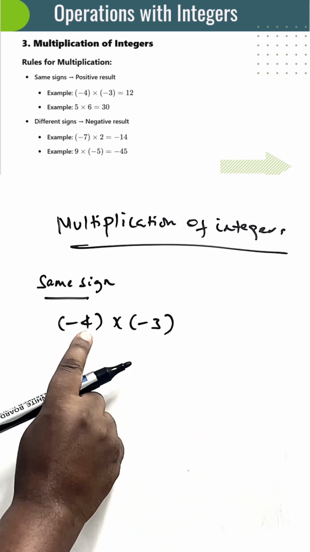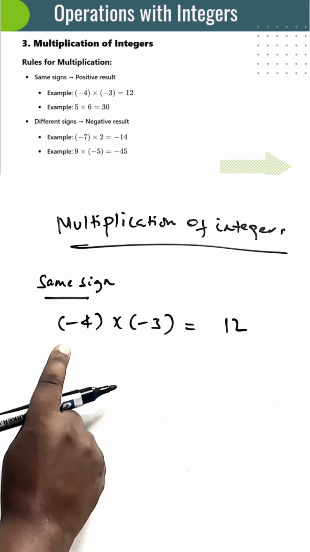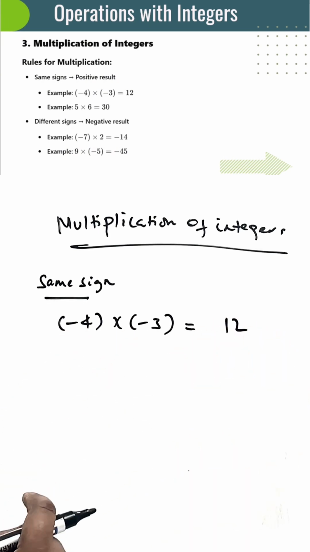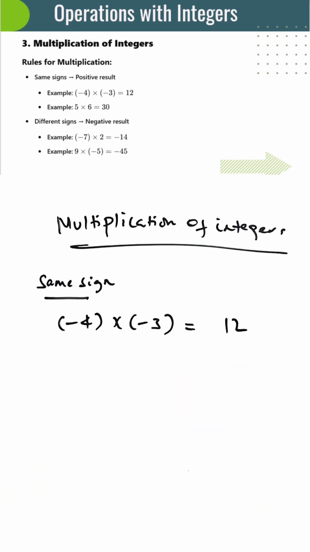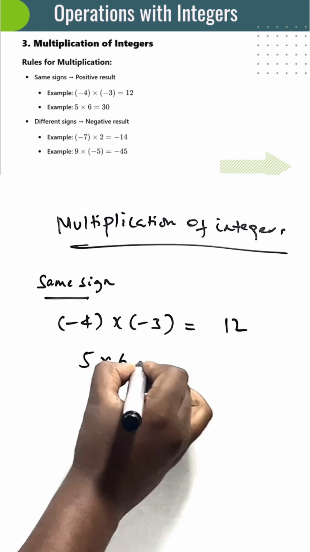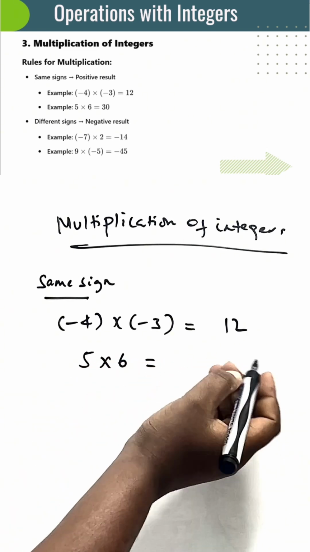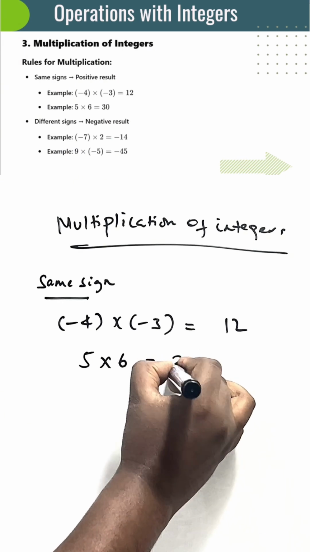We first multiply the numbers: 3 times 4 would be 12. But negative times negative, the signs are multiplied with each other. Minus times minus would be positive, so the answer would be positive 12. Let's say 5 times 6. The same thing, positive numbers, we just multiply them and we get the answer. That would be 30.